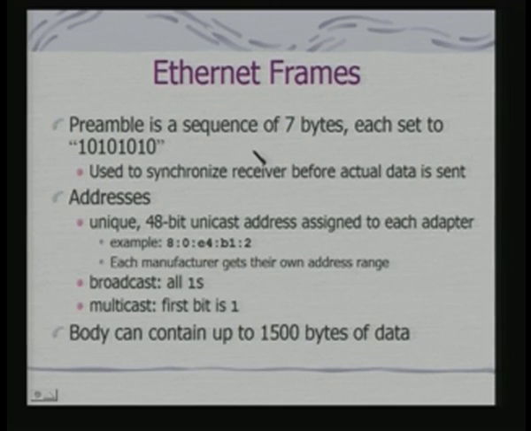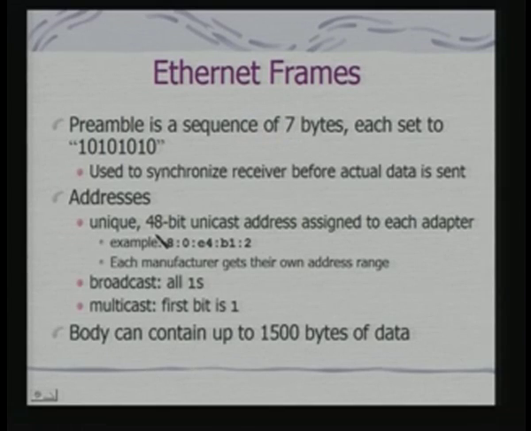A frame also typically has a preamble of 7 bytes, which is used to synchronize the receiver before the actual data is sent. That means on receiving this information, all the elements connected to the Ethernet can ready themselves for receiving the data.